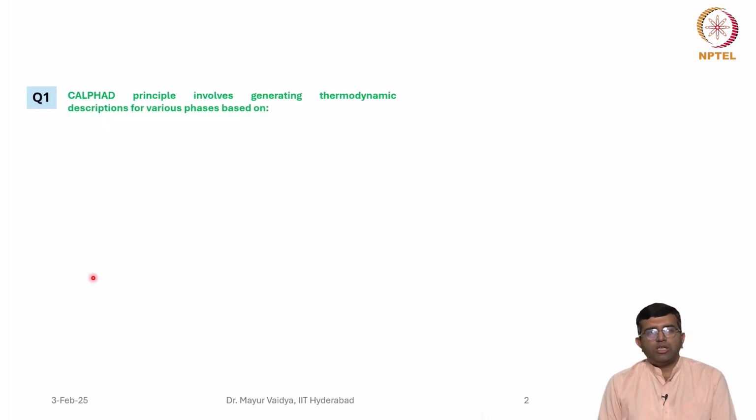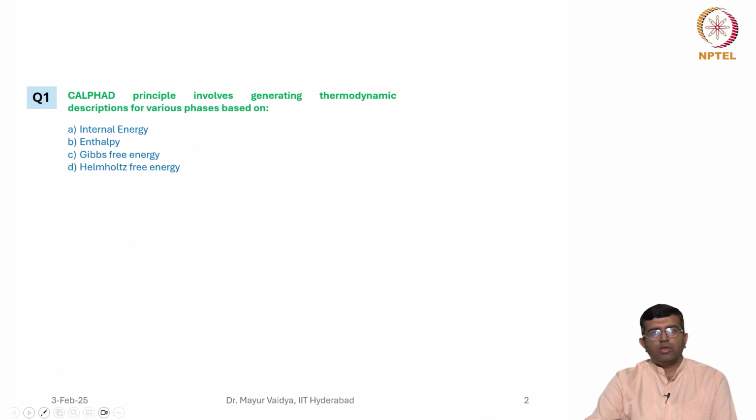So question number 1: CALPHAD principle involves generating thermodynamic descriptions for various phases based on. So here are the options: the internal energy, enthalpy, Gibbs free energy, or Helmholtz free energy. So here the correct option is option C, which is the Gibbs free energy.